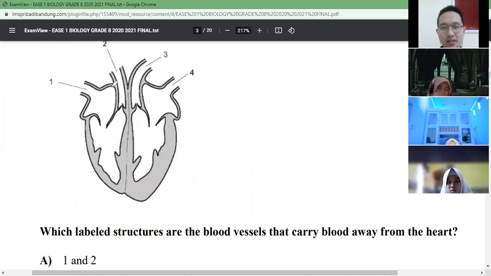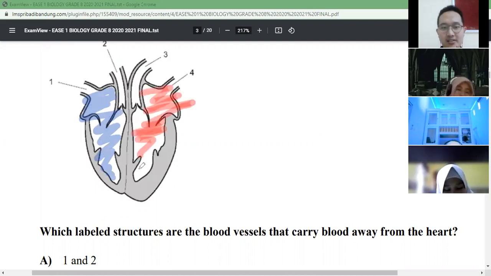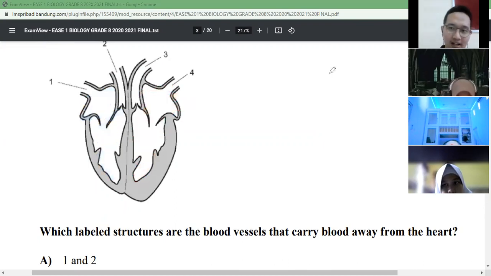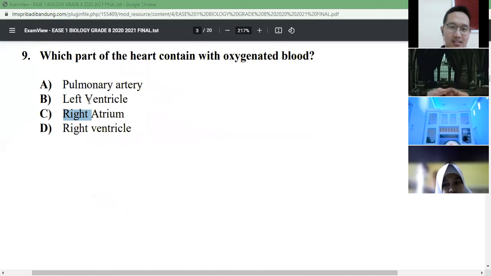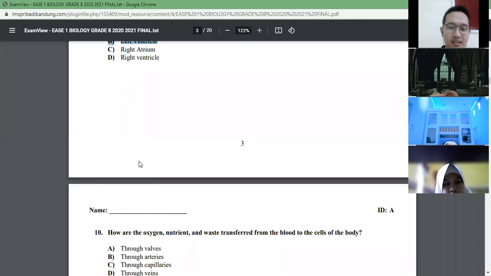It's supposed to be blue, yeah? Do you want to revise your answer, Farah? Sorry, left. Okay, so it was supposed to be the left one. Indeed. Yes, the left ventricle, or the left lower chamber of the heart.